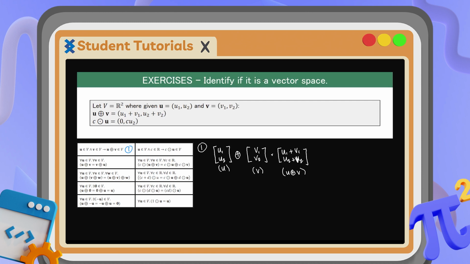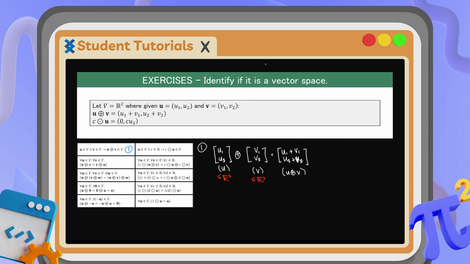From here, we need to also investigate the nature of the elements for each vector. So u here is said to be in the set of real numbers, or R squared. This one is also in R2. And notice that the elements here are real numbers.